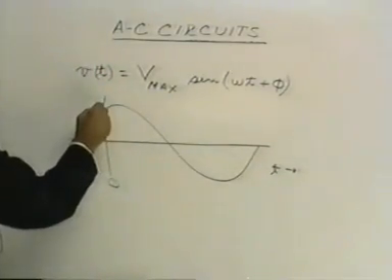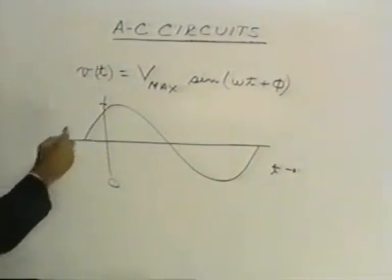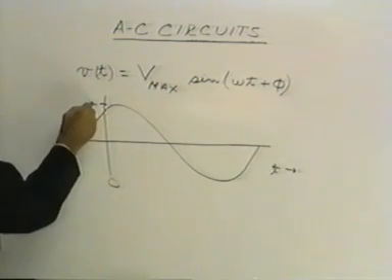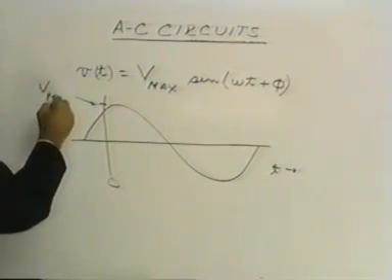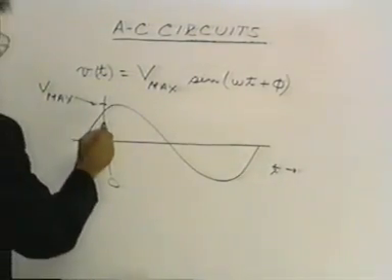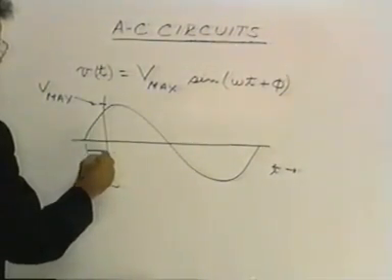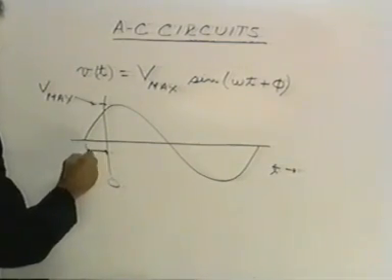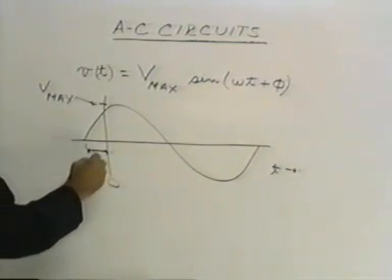The maximum value that the sine or the cosine achieves is V max. The angle of displacement with respect to the t equals 0 axis is the phase shift phi.